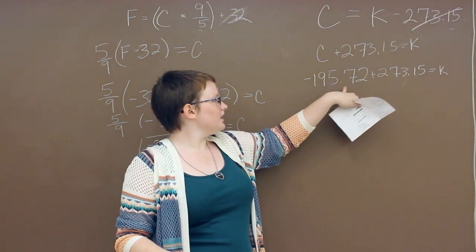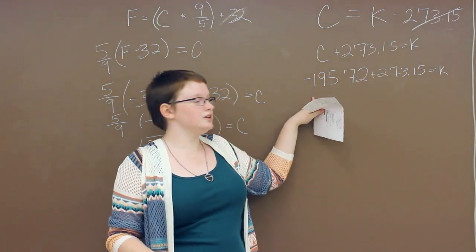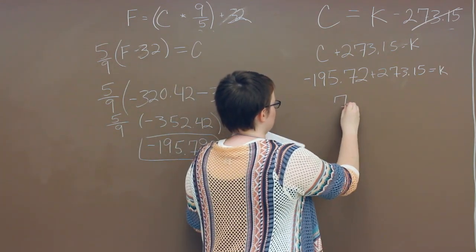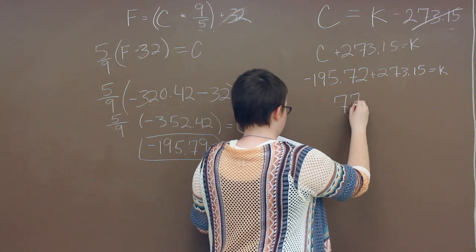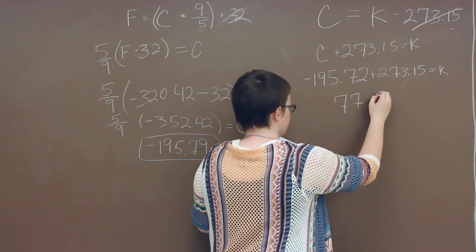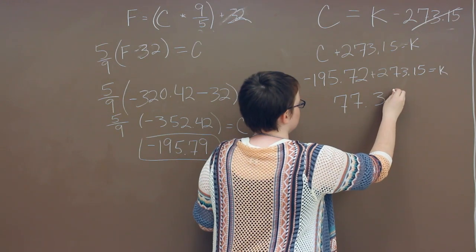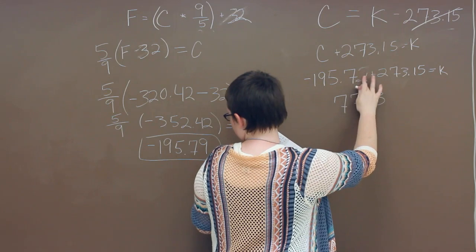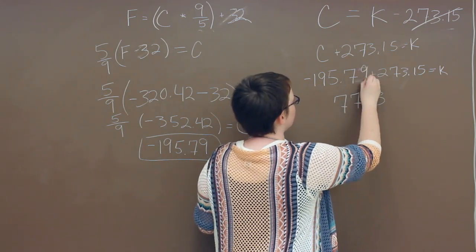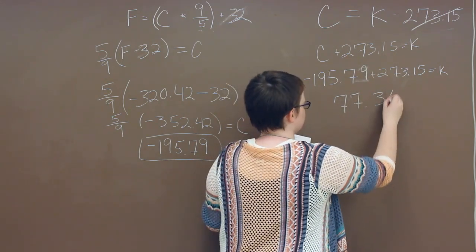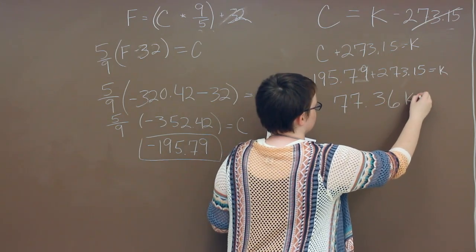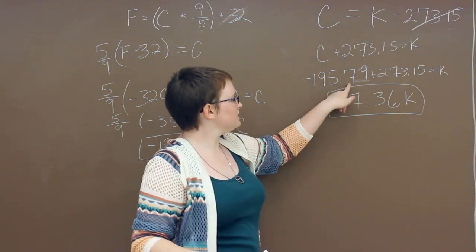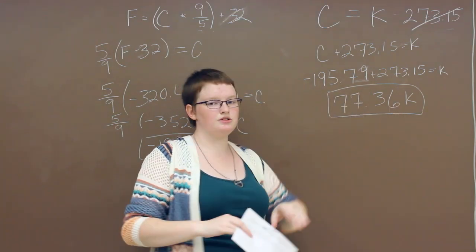So now we just have to add these two numbers together, keeping in mind that this one is negative. So our final answer in Kelvin will be 77.36, sorry, that's a 9, I miswrote that. 77.36 Kelvin is our final answer. And because we started with 2 decimal points here, we finished with 2 here. So that one doesn't need to be rounded.